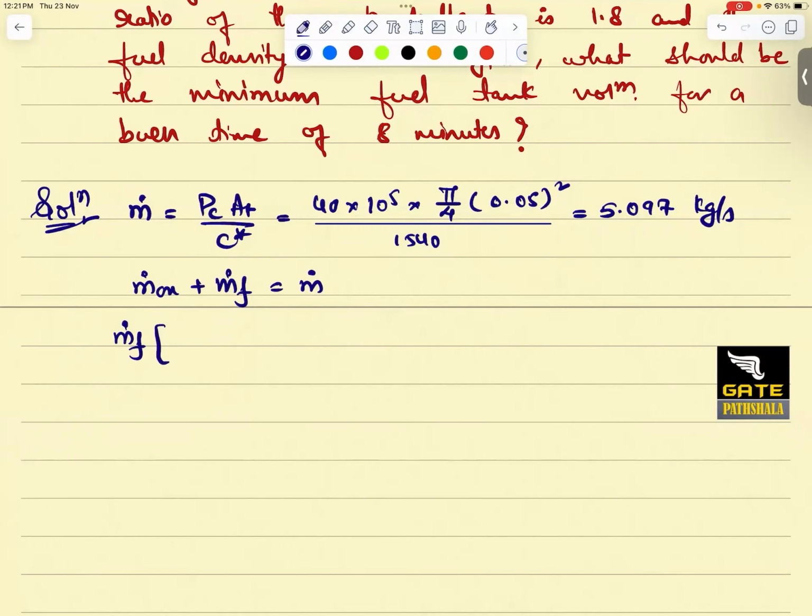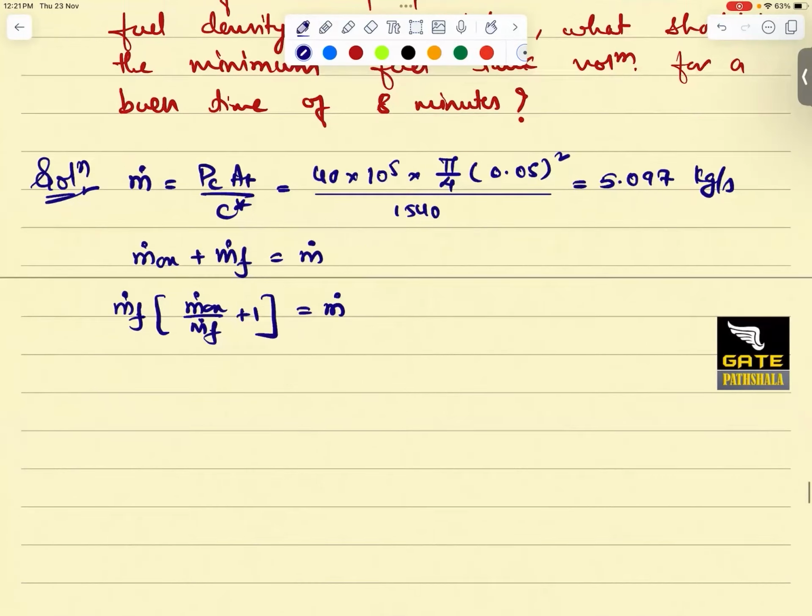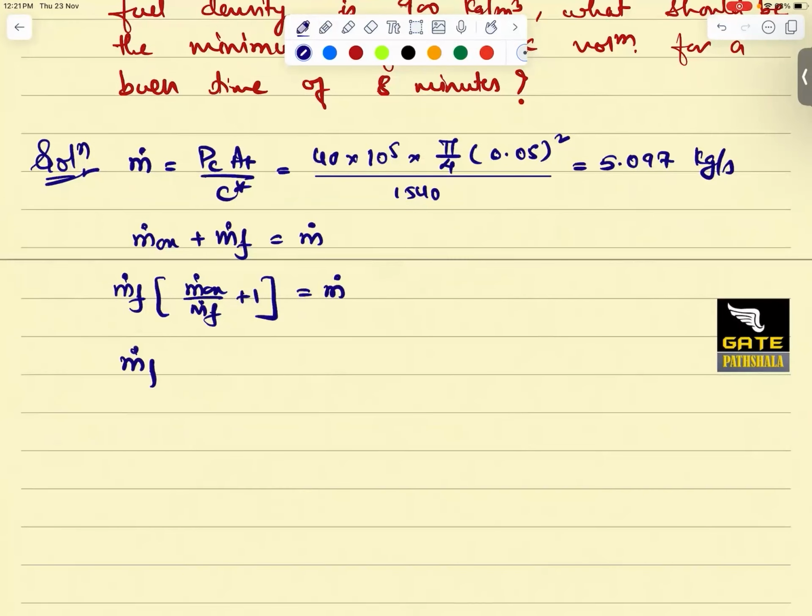So that would be m dot ox by m dot f plus 1, equal to m dot. So m dot of fuel is equal to m dot by oxidizer to fuel ratio plus 1. Fuel to oxidizer they give as 1.8, plus 1.